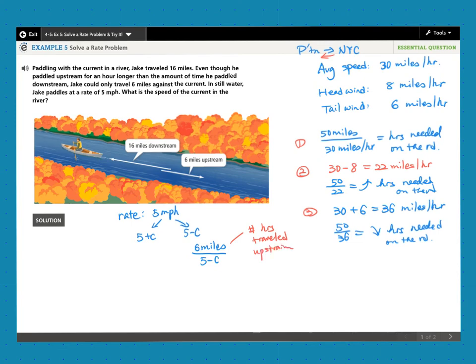And then it says the time traveled upstream is an hour longer. In other words, if I go downstream, I travel 16 miles in total, divided by 5 plus c. And then if I add an hour, these two would be equal. So my final equation becomes like this.